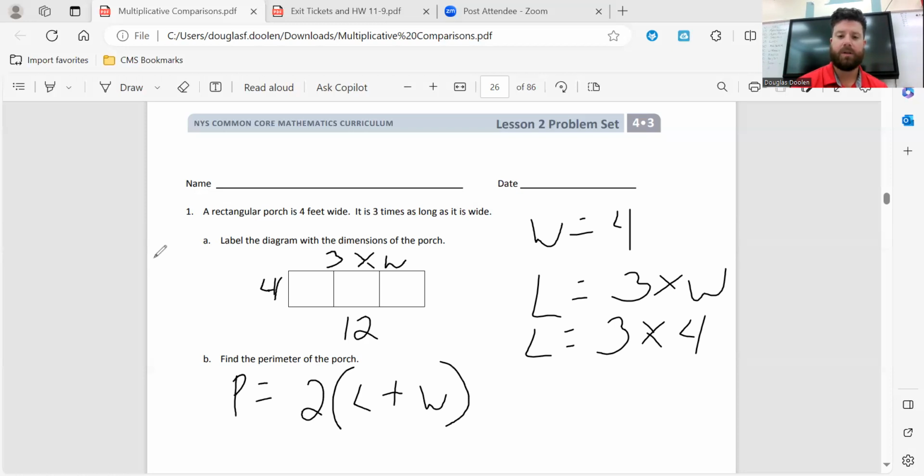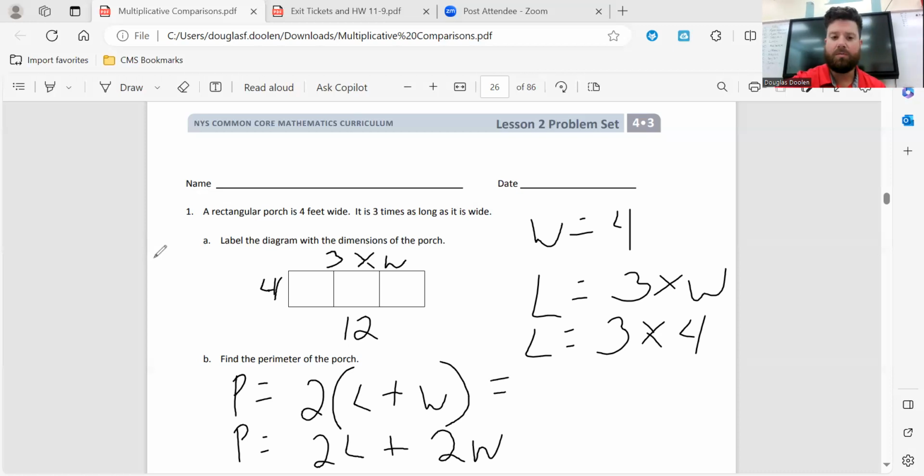Very good. Okay, so we use parentheses first, right? This is just a fun little tidbit, we can actually do this as well with distributive property. 2 times L plus 2 times W, right? There's multiple ways of doing this. Math is awesome.